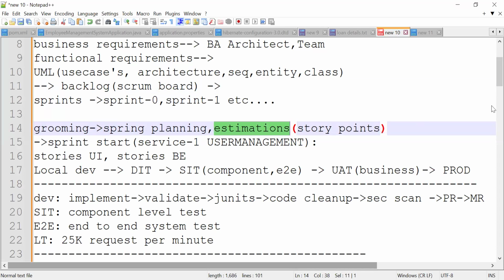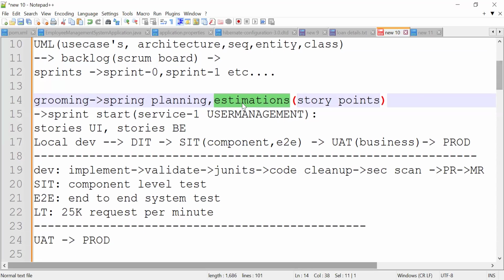Once it is good, they start giving estimations. In the estimations, not a single person will provide them; the entire team will participate.